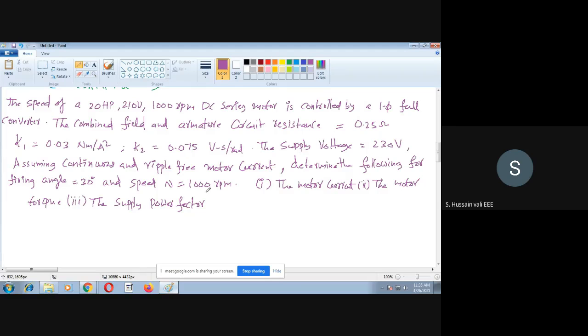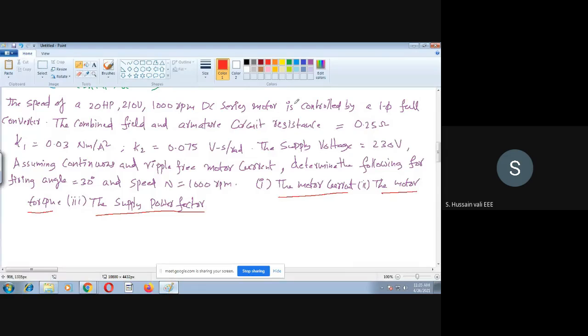So this is the question. He said it is a DC series motor. Always remember that to solve a problem, first you see what he's asking. He's asking the motor current, motor torque, and then the supply power factor.